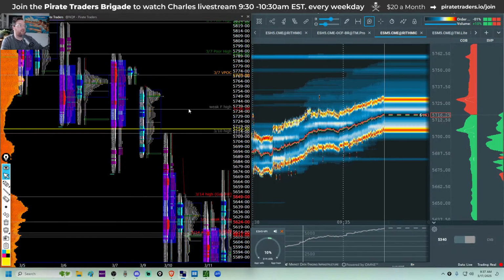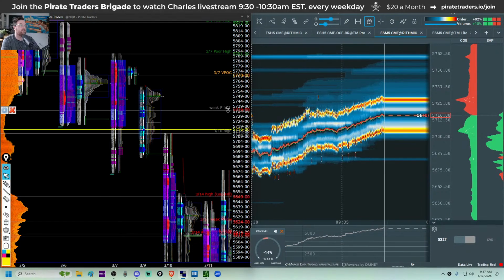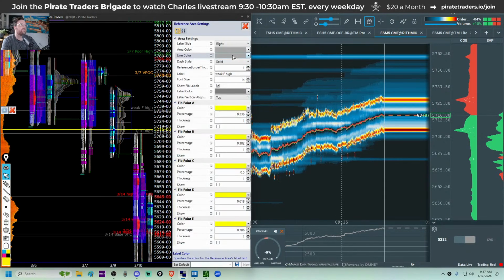The next resistance that I see above is around 57.36. If we can bring in the buyers here.